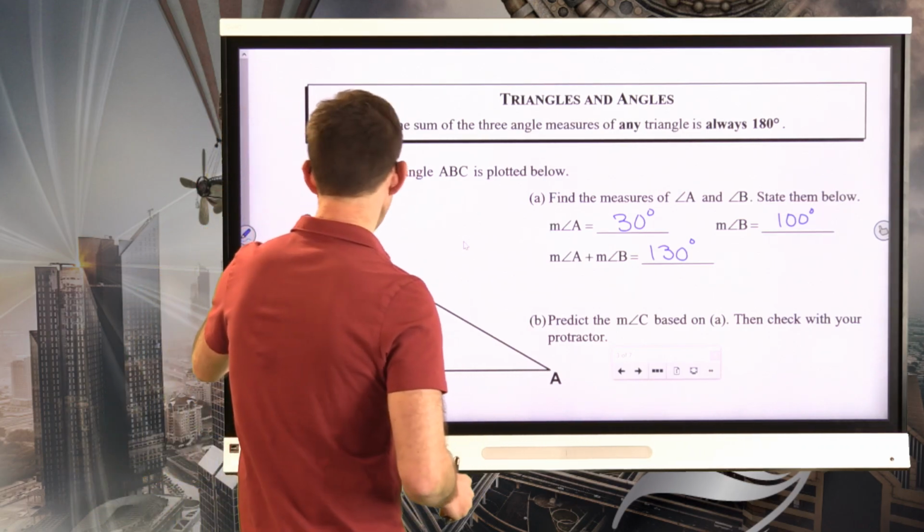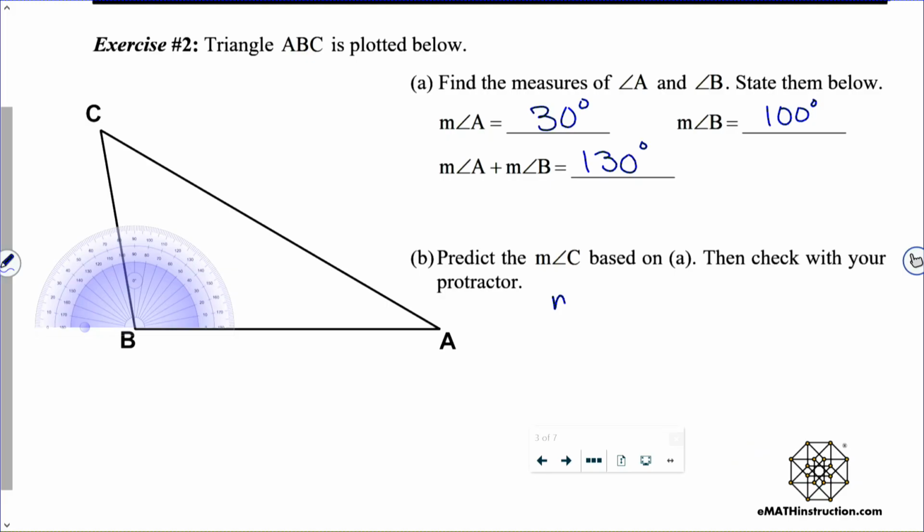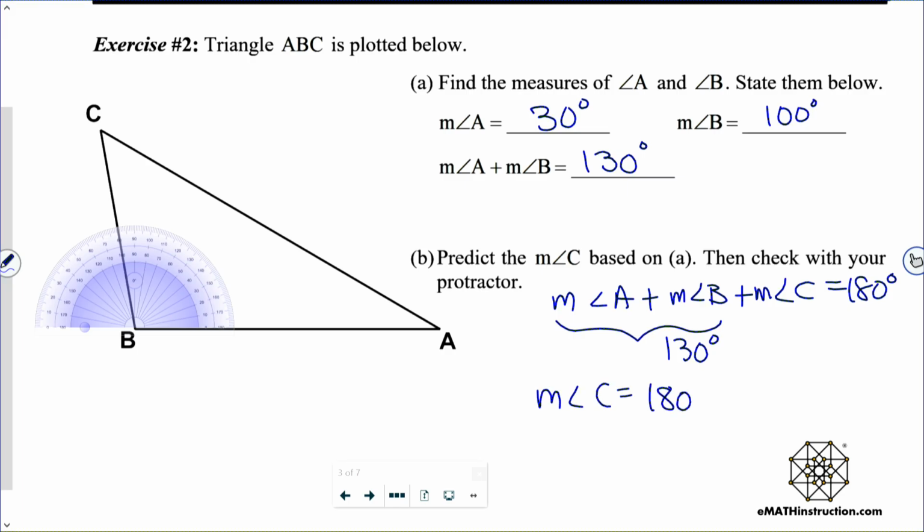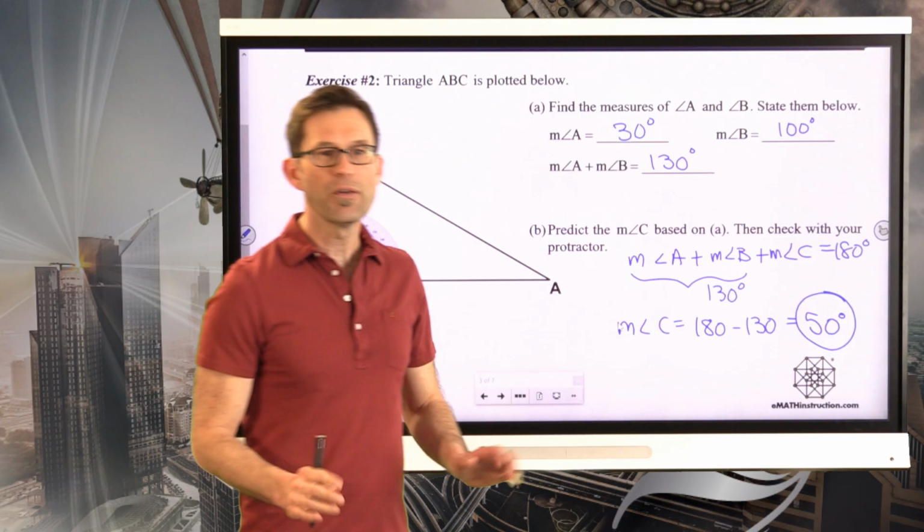Well, since the three angles must add up to 180, measure of A plus measure of B plus measure of C equals 180. If this is equal to 130, then the measure of angle C should be 180 minus 130. It's got to be 50 degrees.